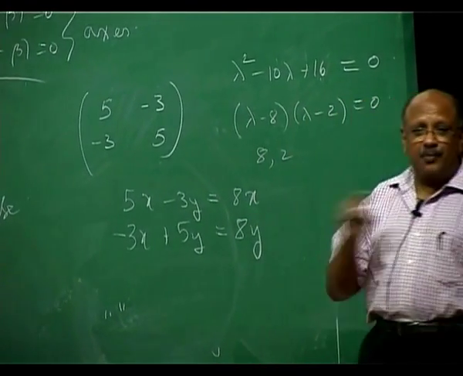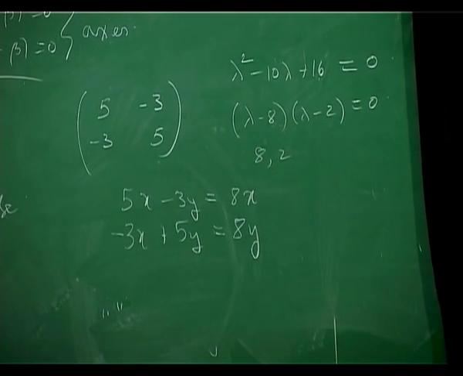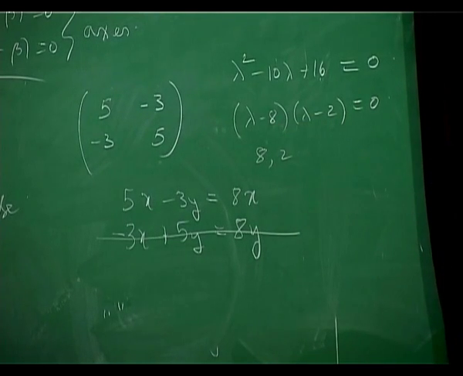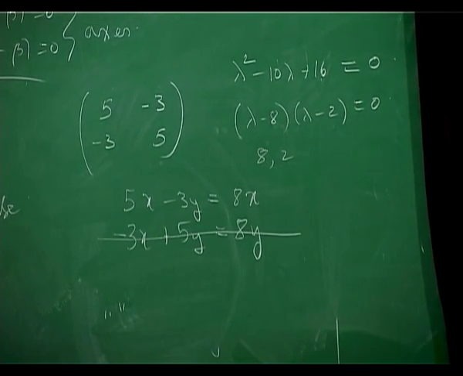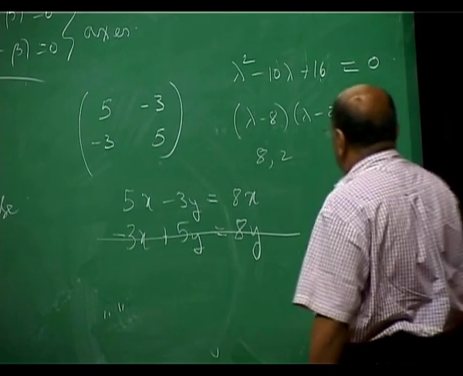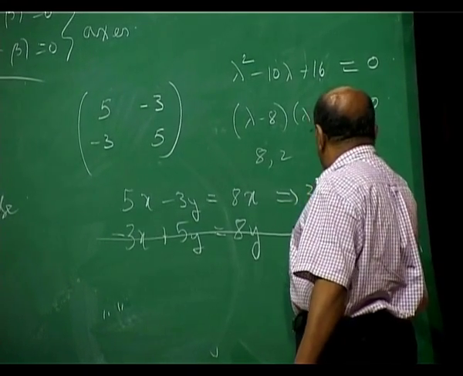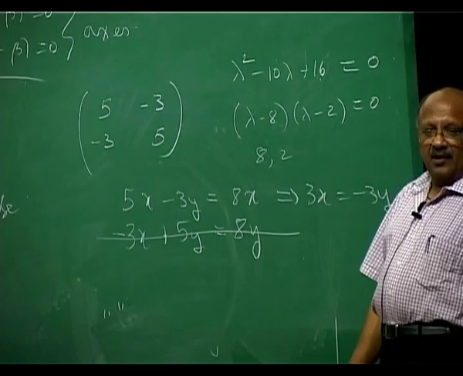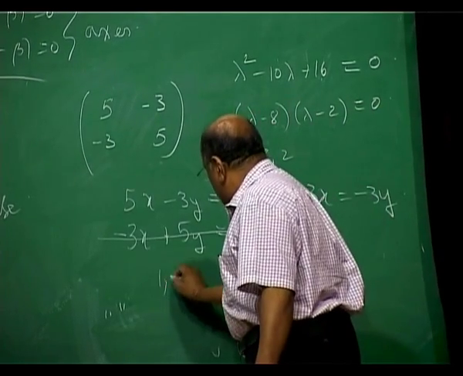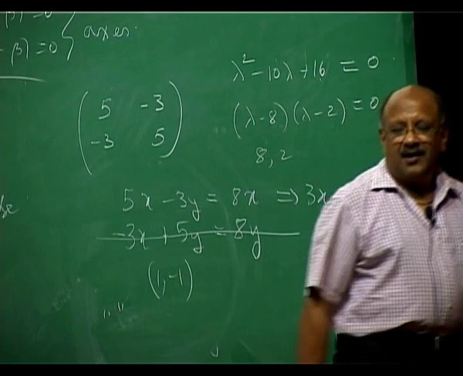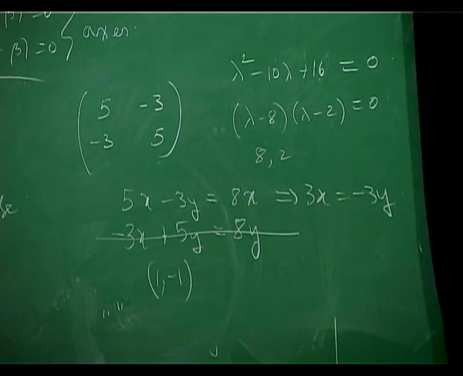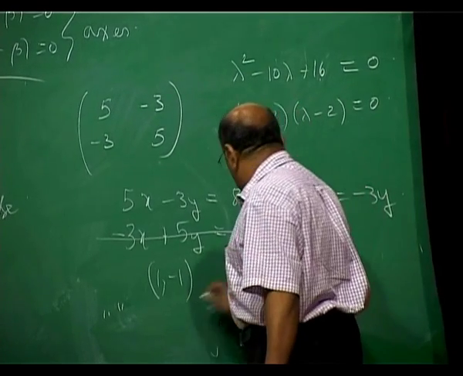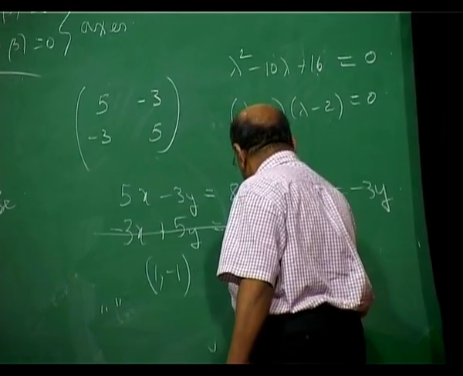But of course this second equation you don't have to worry about because it's the same as the previous equation. So this gives me 3x equals minus 3y, or x equals minus y. So the eigenvector is 1 comma minus 1, but I want an eigenvector of length unity, so I have to divide by square root of 2, and write instead 1 by root 2, minus 1 by root 2.